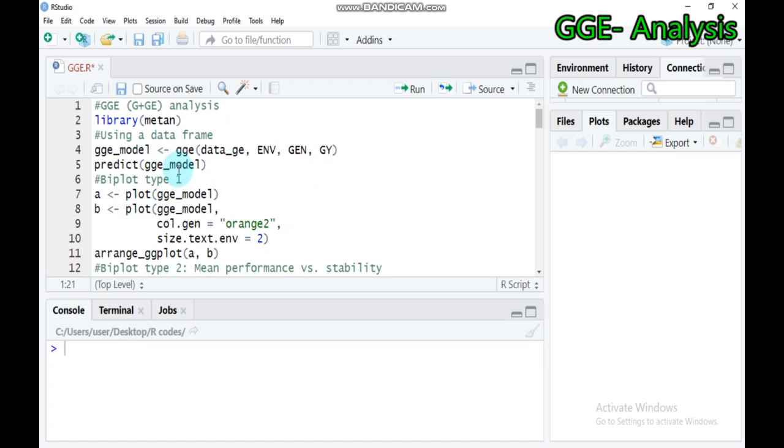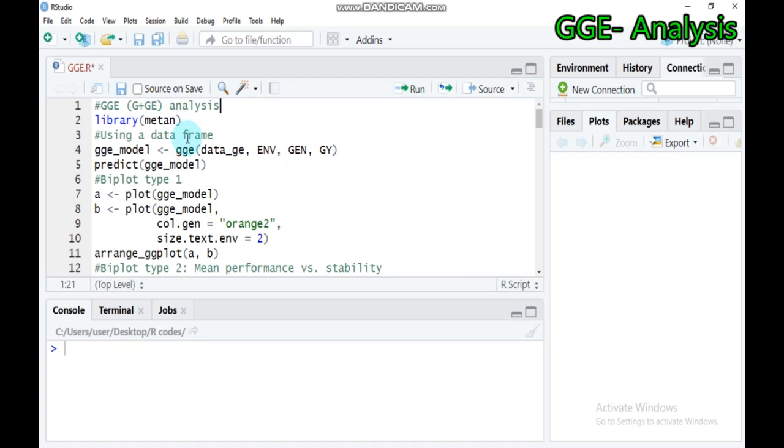Entries are the genotypes, and the testers are mostly the environments, also referred to as columns. So the function GGE is used to fit this model.